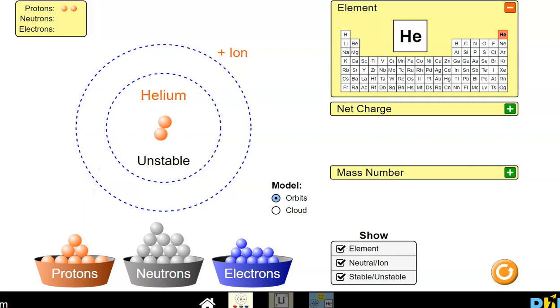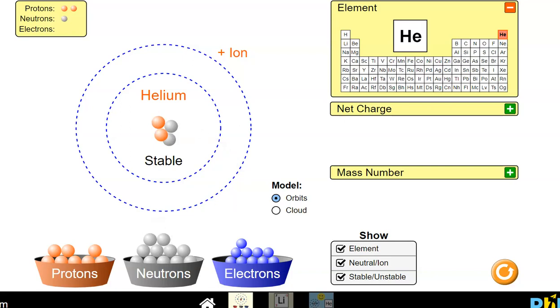So how does a nucleus become stable is the real question, and it's all to do with the number of neutrons. So with helium, we'll go back to helium, we've got 2 protons, let's add a neutron in now, and suddenly the nucleus is stable.